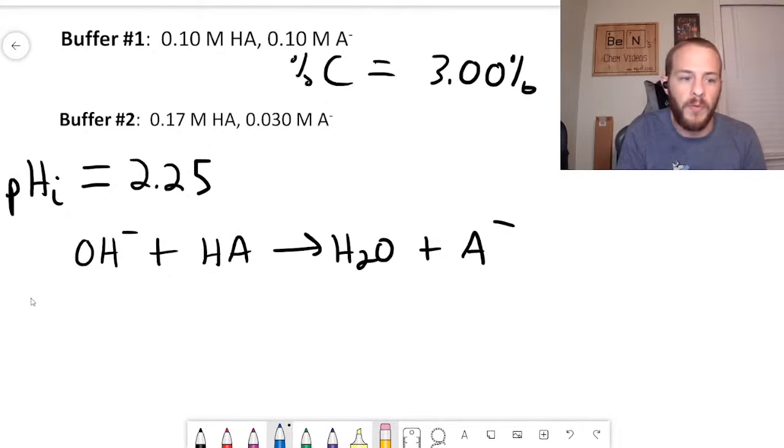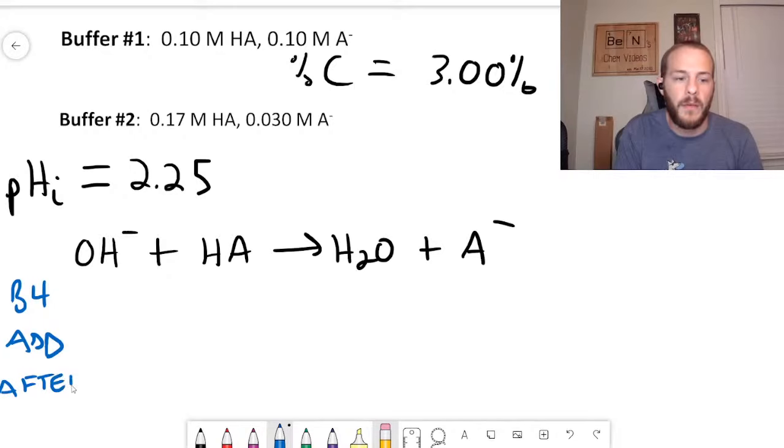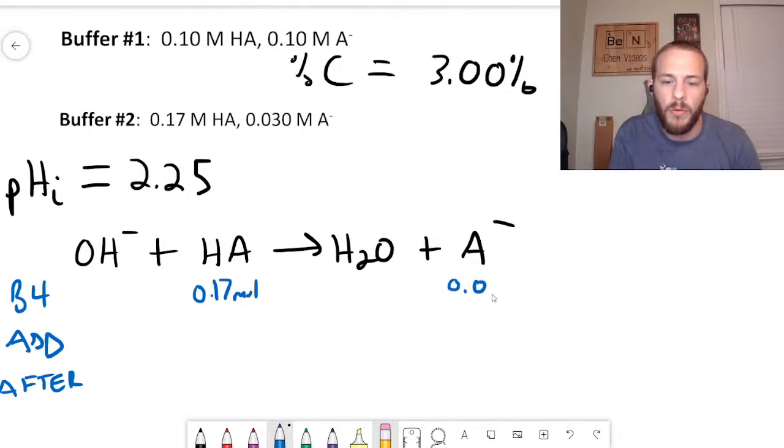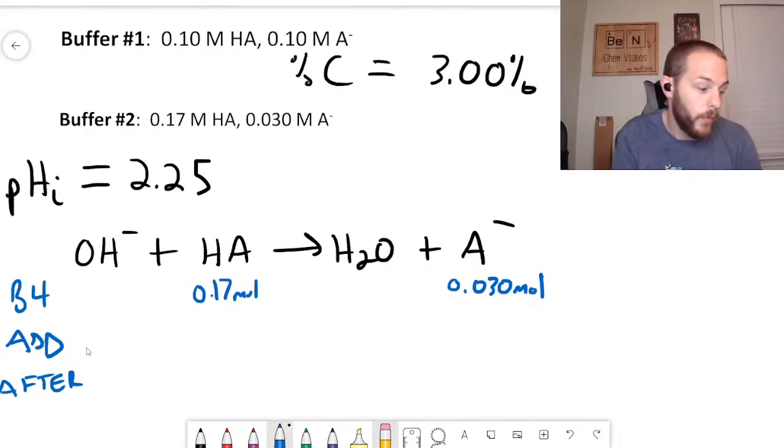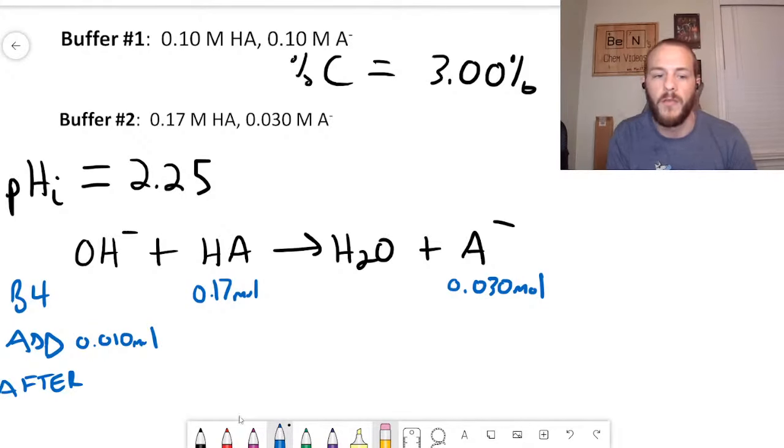And then we're going to have 3 rows in this table where we have the conditions before the addition, what the addition is, and then the conditions after the addition, right? So before, what do we have? We have 0.17 moles of the acid. We have 0.030 moles of the base. The addition, which is the same as it was in the previous example, was 0.010 moles of hydroxide.